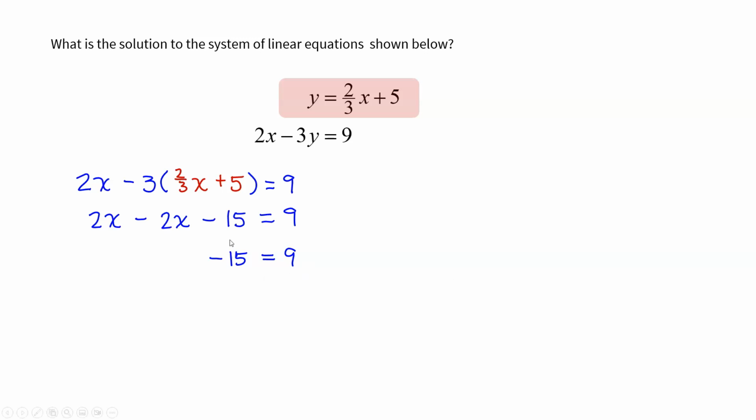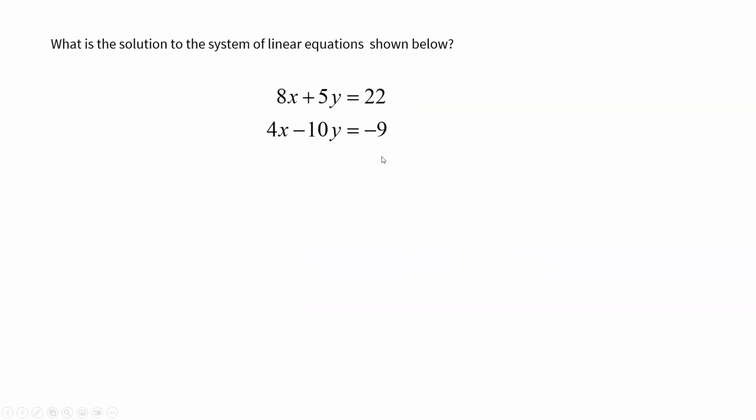It all boils down to analyzing this equation. This equation is false. And because this equation is false, that means that there's going to be no solution to this system of equations. In actuality, if you would graph both of these lines, you would see two parallel lines. They would never intersect each other.